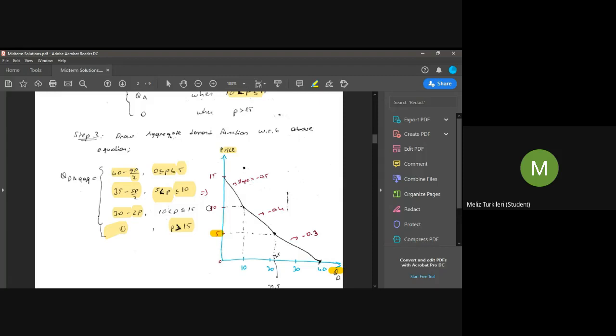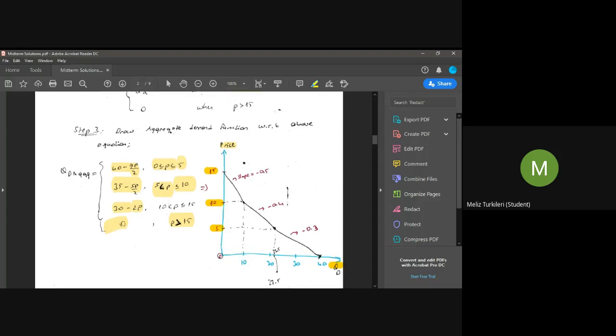Again, we have the same situation for the price level 10 and price level 15. Therefore, I just try to show them on the y-axis first of all. And then I try to find out the proper level that meets the x-axis.